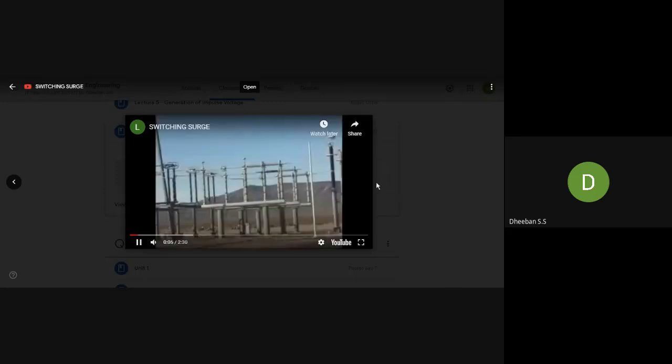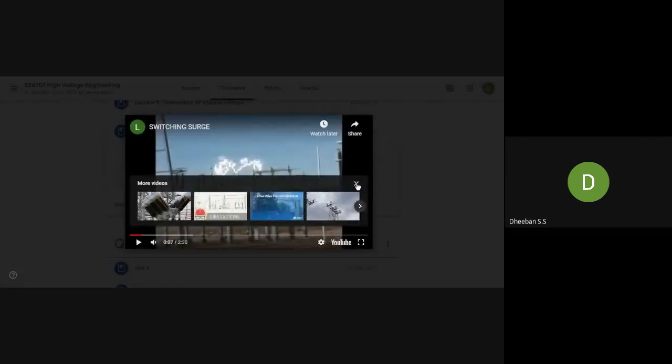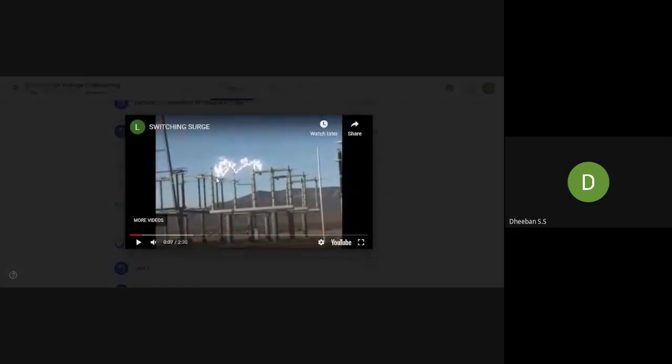Here you can see they are making some switching action. When it is opening, a surge-like spark or arc is formed.